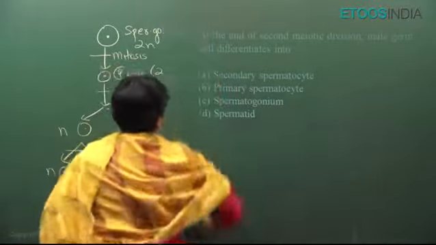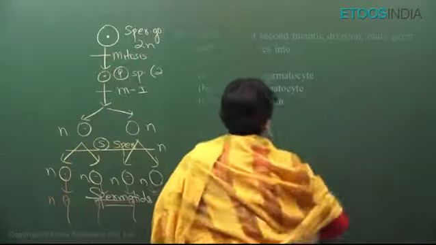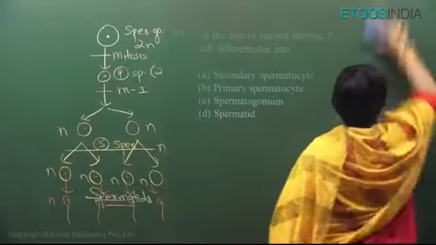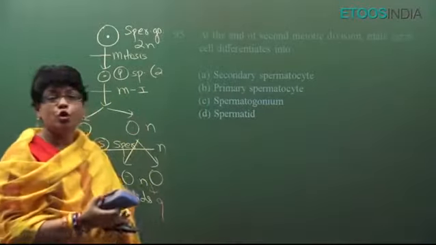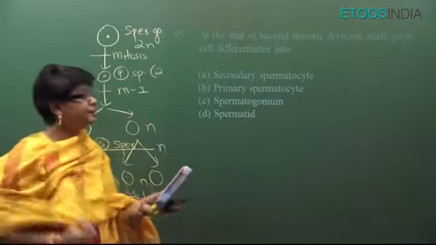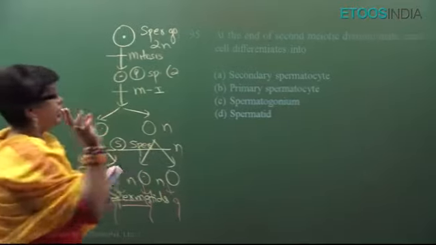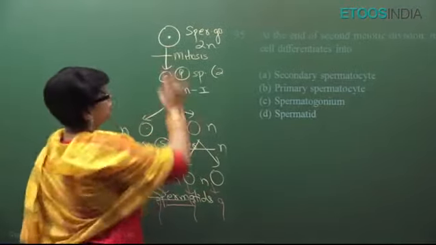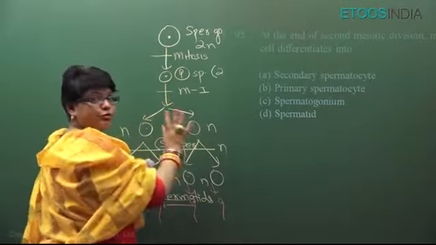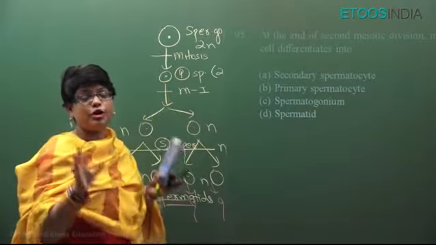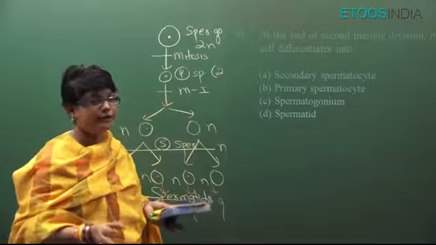Students, please also read about oogenesis, the difference between oogenesis and spermatogenesis. Oogenesis starts before birth in the embryonic life. No more new oogonia are added. Second difference is that in oogenesis also, oogonia and primary oocyte are diploid. Secondary oocyte, polar bodies and ovum, they all are haploid.